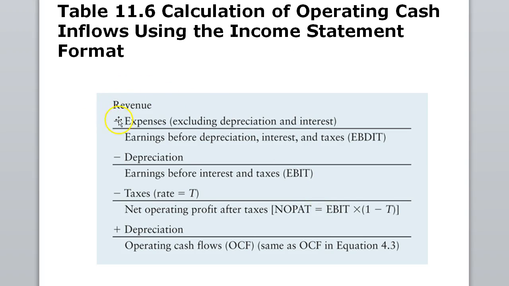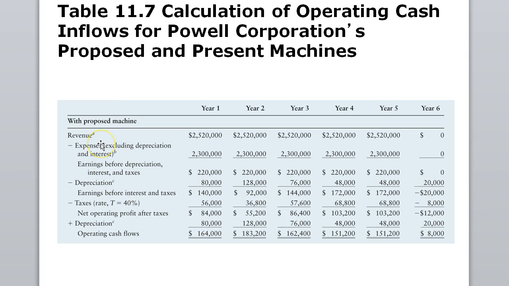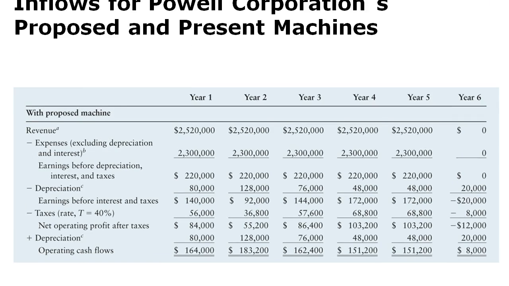So we take the revenue minus the expenses, and we get our earnings before depreciation, interest, and taxes. We subtract out depreciation to get our EBIT, and then we subtract our taxes to get our net operating profit after tax. And then we add back our depreciation, and this gives us our operating cash flows, or OCF.